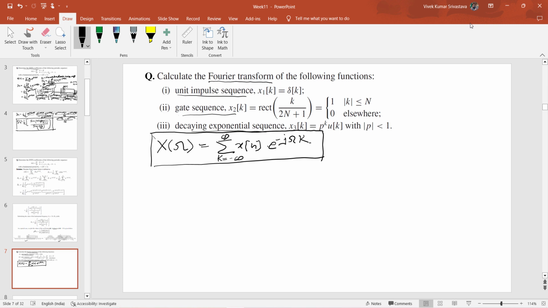Let me explain first. The discrete time Fourier series is basically used for periodic sequences, whereas the discrete time Fourier transform is used for both periodic as well as non-periodic sequences.